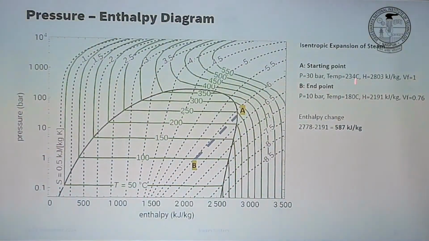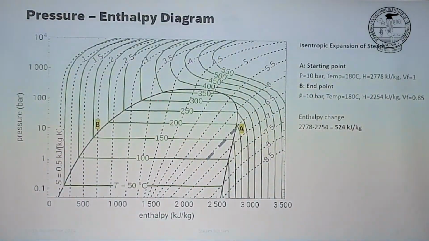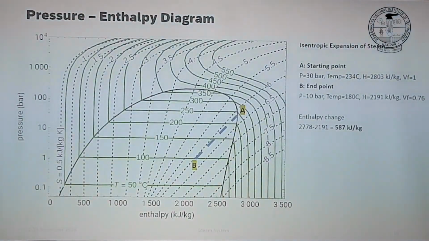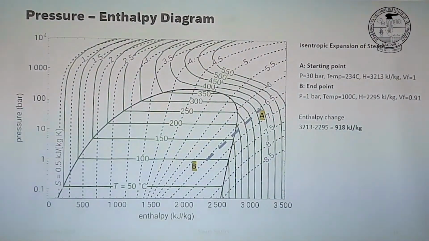So the starting point enthalpy is increased. Point B is similar, 1 bar. Now I am extracting a little bit more energy, 10% more, 524 to 587. Still not comparable to what we had with the condensation, right? Because yesterday somebody said the major part of the energy content of steam is in latent heat. Right? What else can we do?